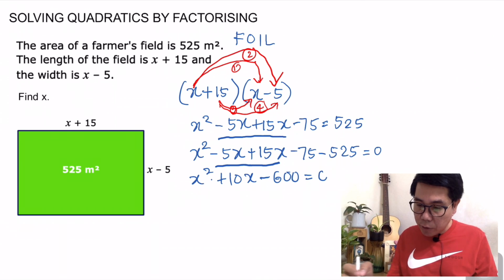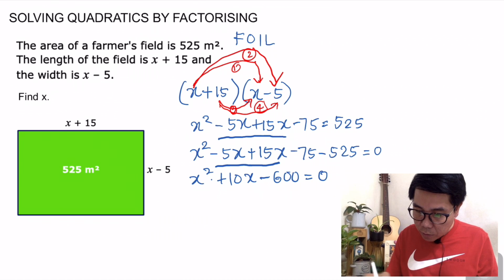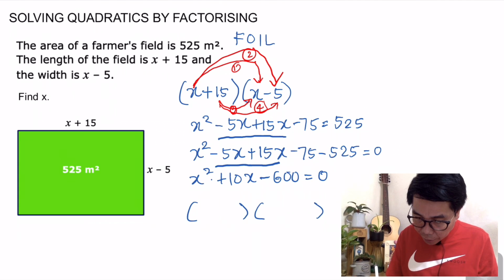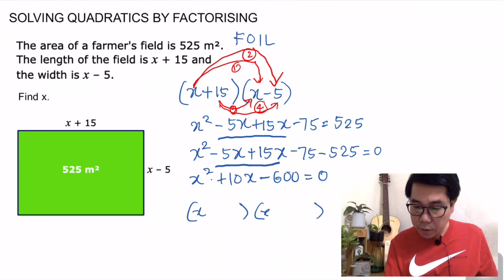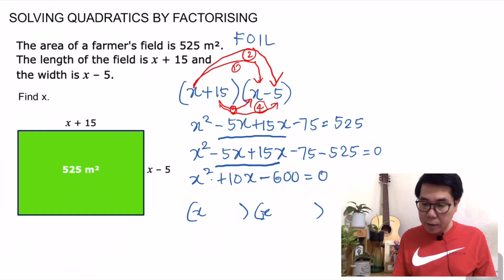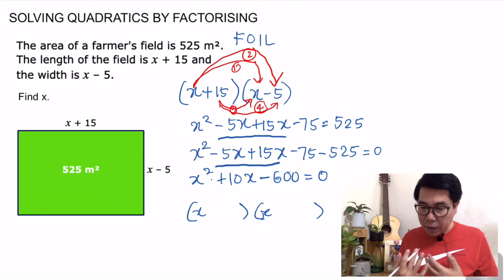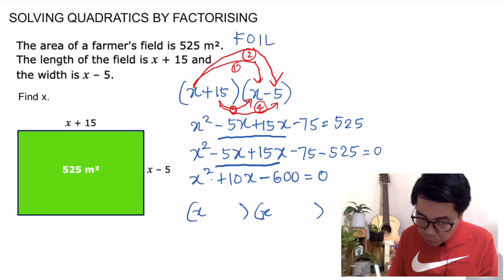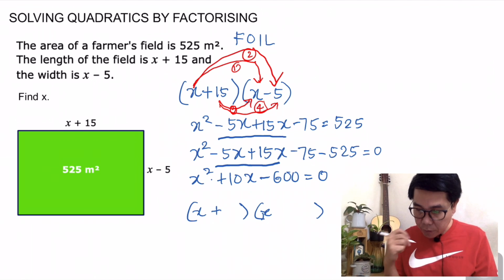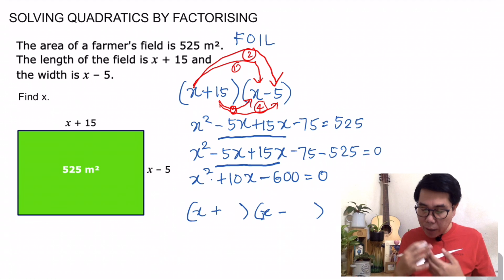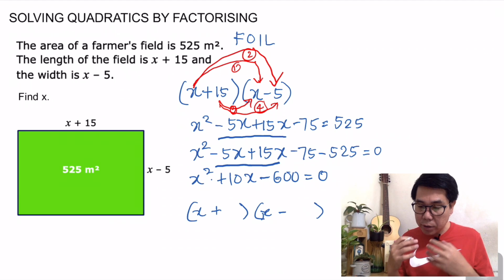So when we factorize now, the factors of x squared, we have x here and x. Factors of negative 600, wherein when you combine it, it must be positive and negative. When you combine, it will give us factors of 600, so there's like 20 and 30.